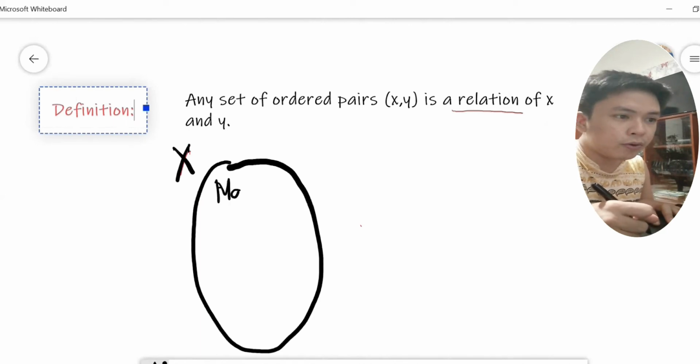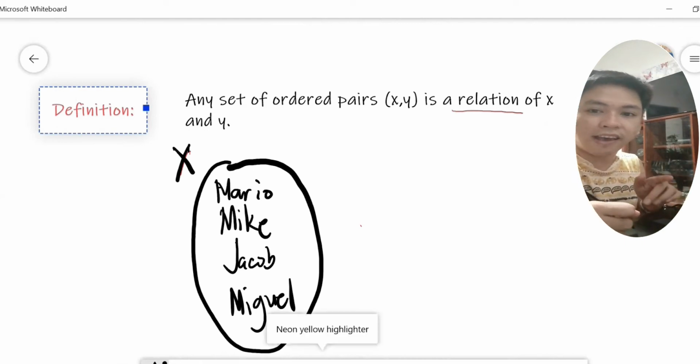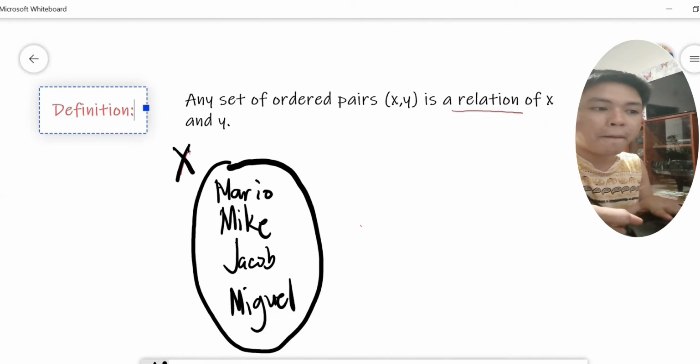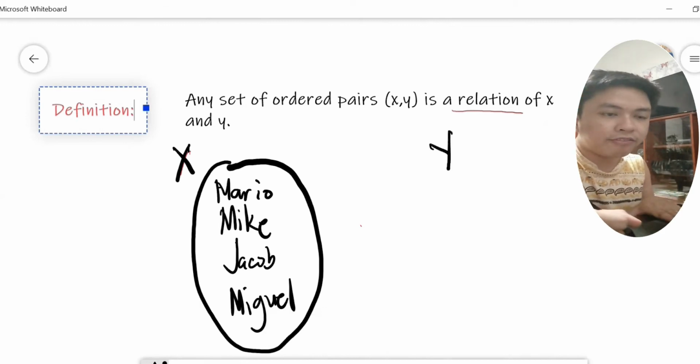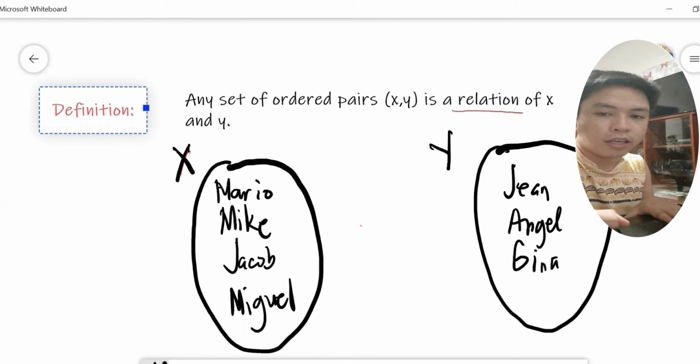I have Mario, Mike, Jacob, and Miguel. I don't know why I came up with these names, but it doesn't matter as long as this set is defined to be the names of male persons. I also have here Y with names like Jean, Angel, Gina, and Leah.